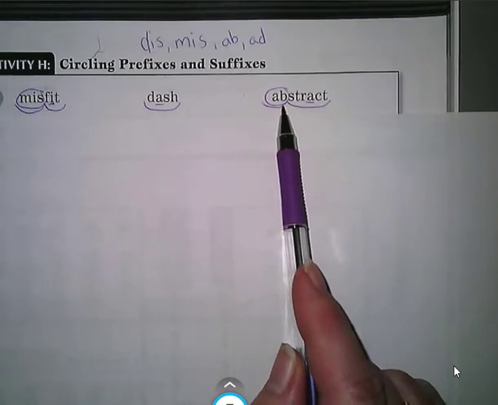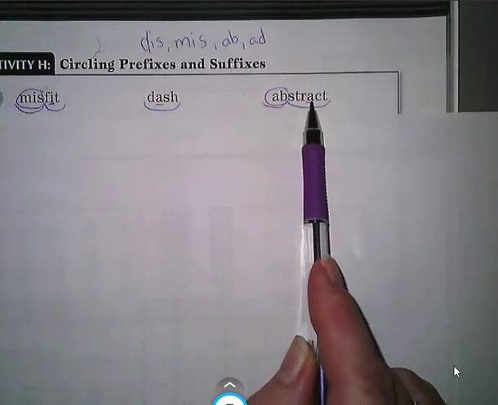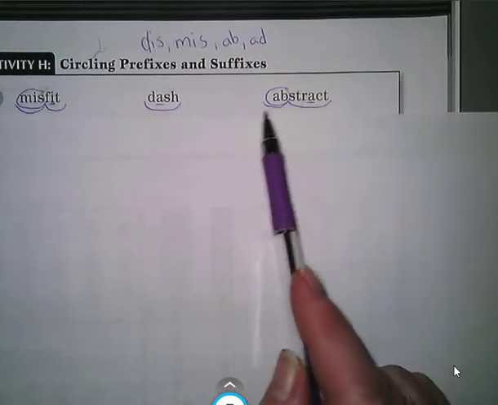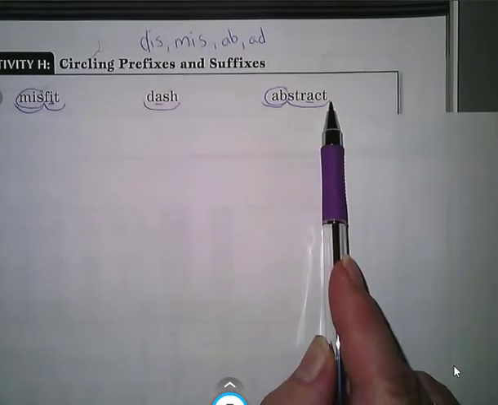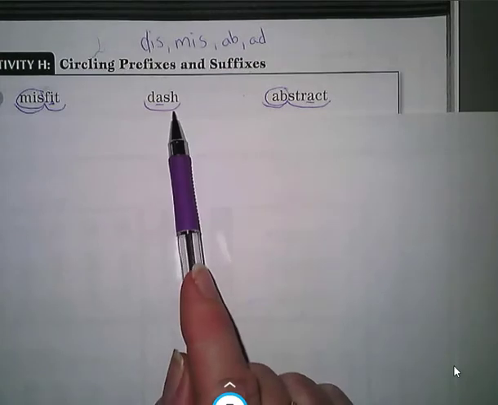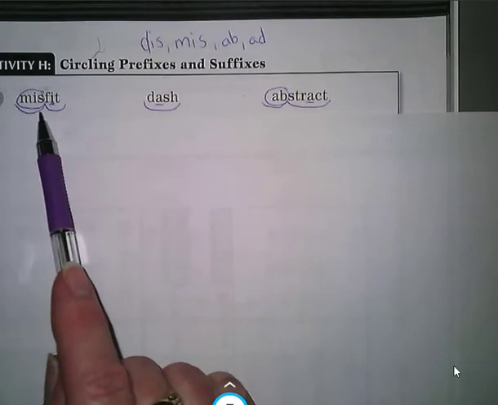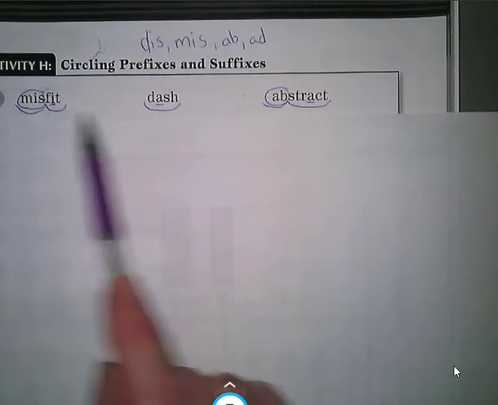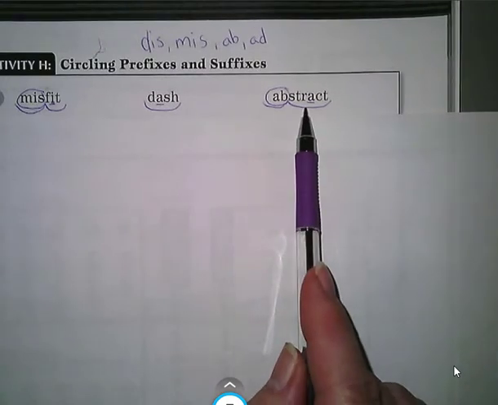Next word in this row, ab is the prefix. A is making my vowel sound, abstract. Okay, dash, right, to move through quickly. Misfit doesn't fit with the rest. And abstract means it's not as detailed, more general.